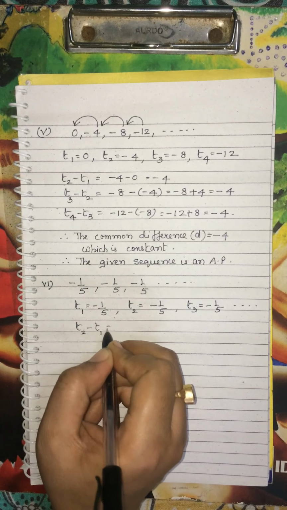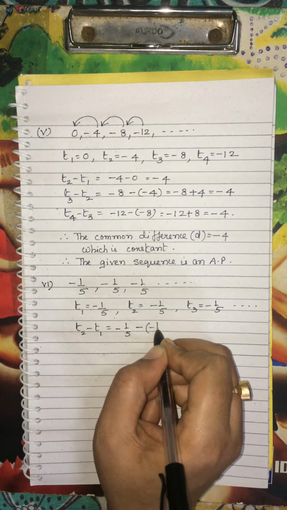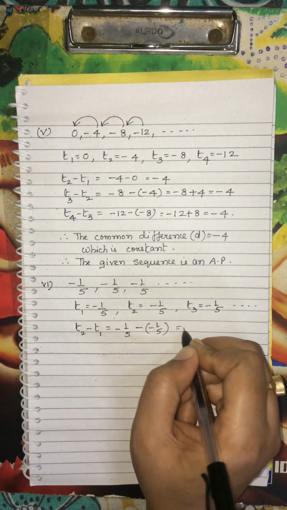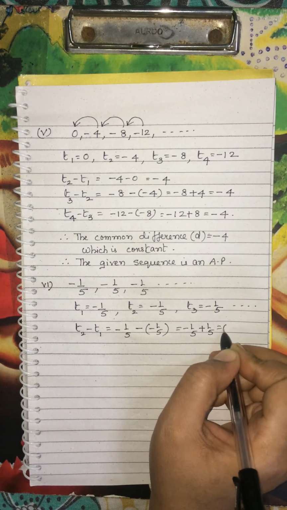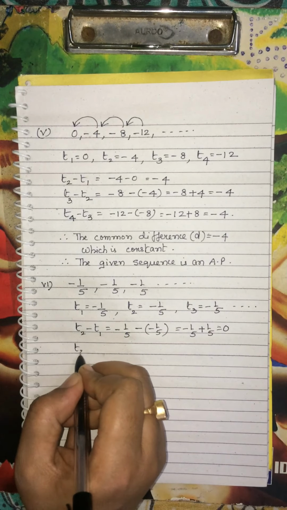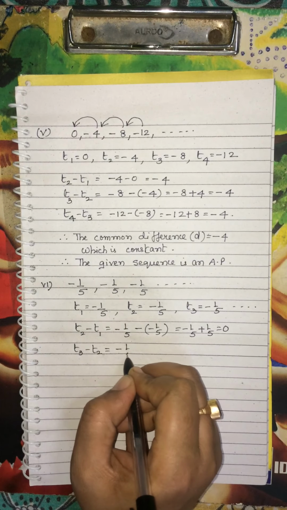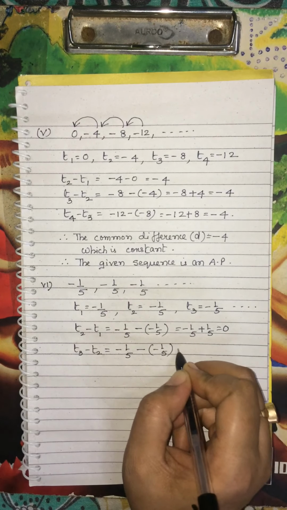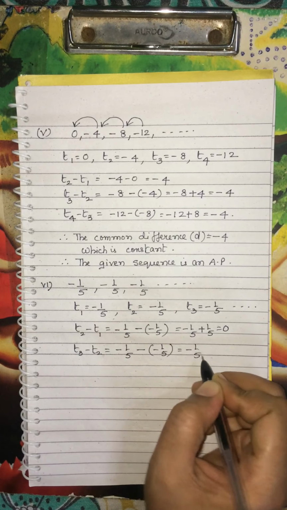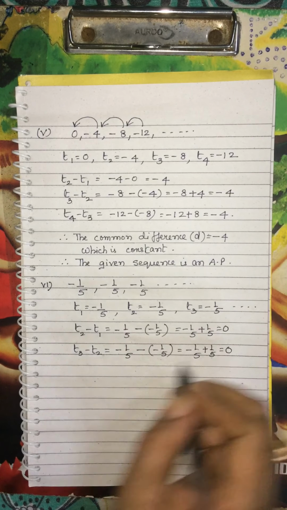So difference of two terms, minus of minus 1 upon 5, that gives us 0 with the first. Now T3 minus T2, minus of minus 1 upon 5, be careful, put the brackets and then only solve. That gives us 0.